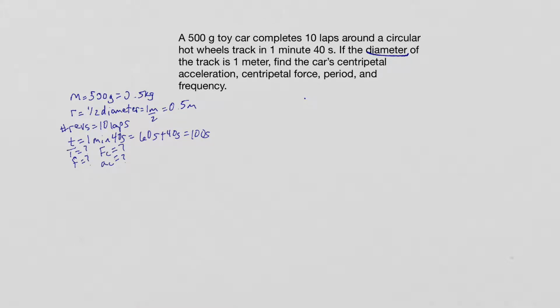So the first thing we need to figure out is the velocity of this car. The velocity is going to be just the distance over the time, and that's going to be 2 pi r divided by t.